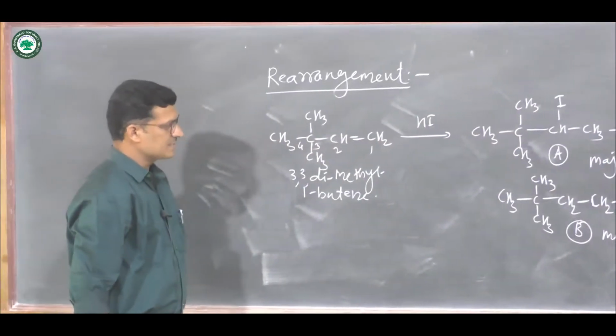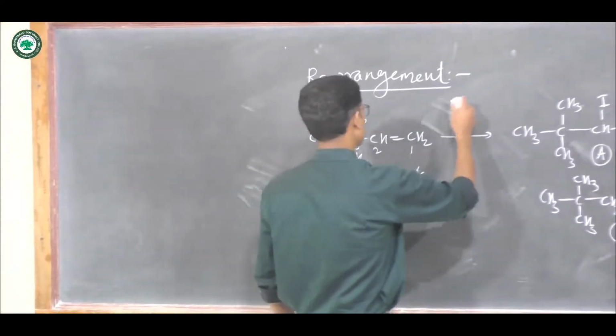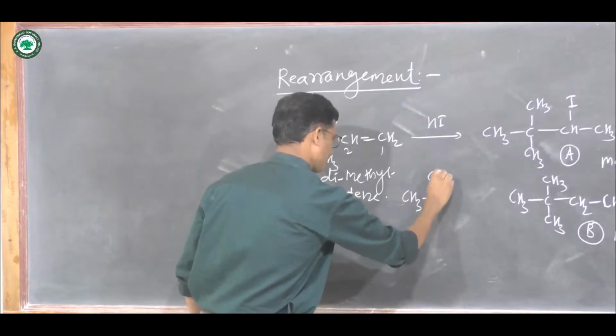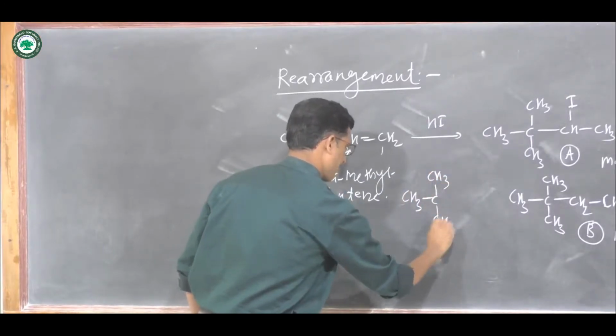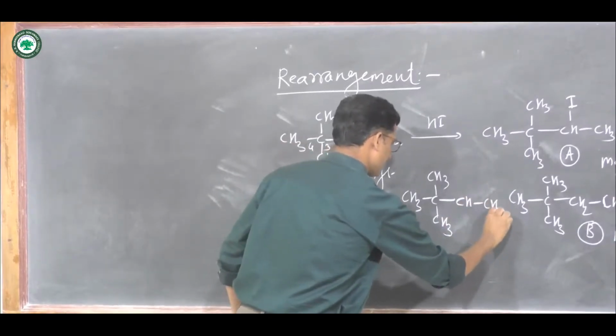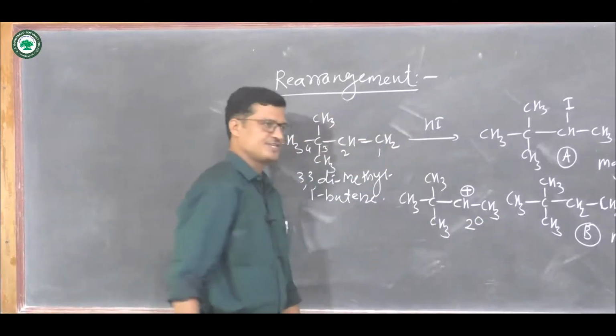But what happened in this case? We remember what intermediate is formed here. We form the carbocation. In the first step, formation of a carbocation, and which carbocation is formed here? Secondary.